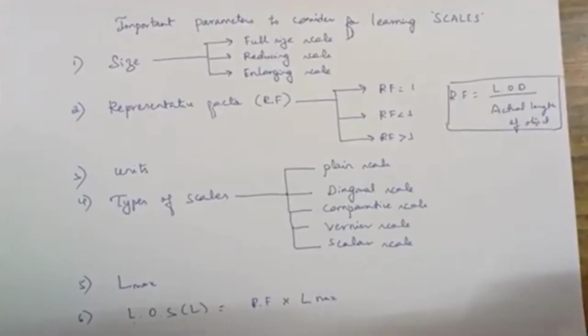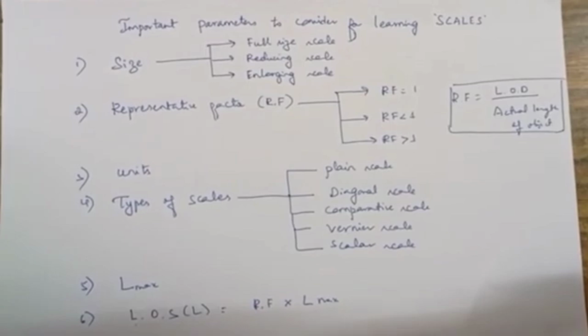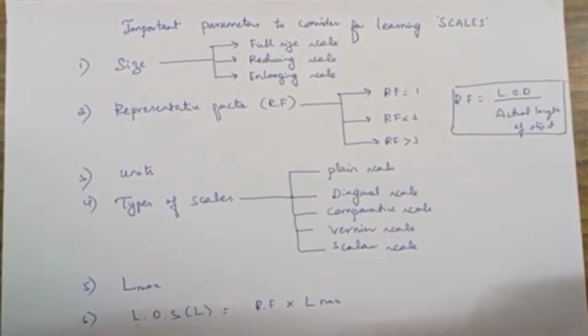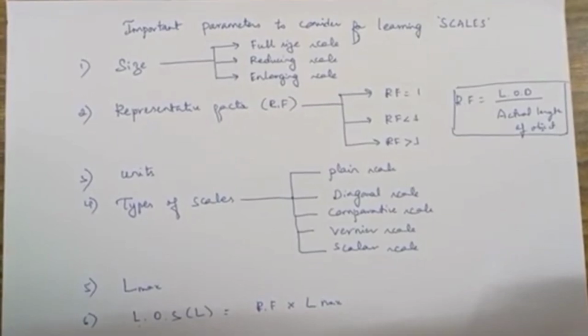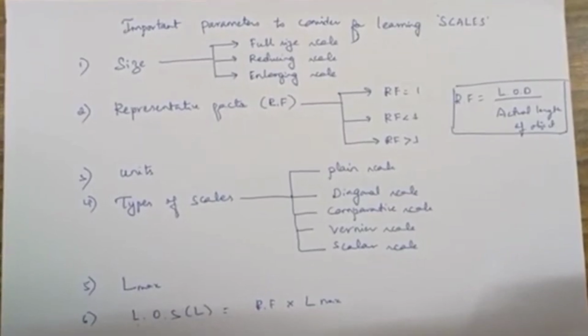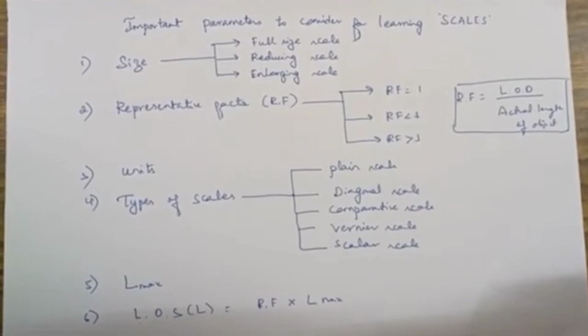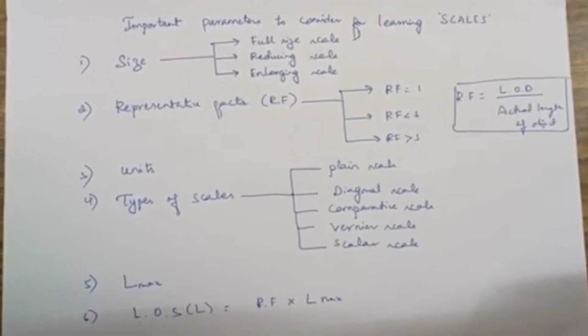Important parameters to be considered for learning scale. There are 6 important parameters: size, representative factor, units, types of scales, maximum length of the object, and length of the scale. In sizes we have 3 types: full size, reducing scale, and enlarged scale.